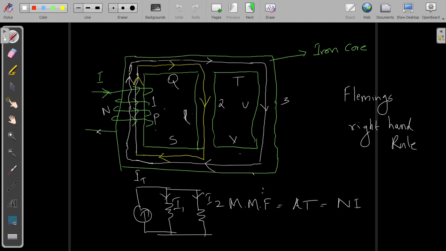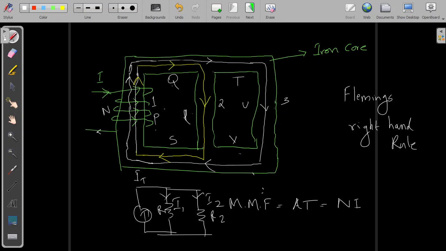So the amount of current in an electrical circuit, in a current dividing circuit, depends upon, let us say this is resistance R1 and this is resistance R2. So the magnitudes of I1 and I2 depend on resistance R1 and R2.